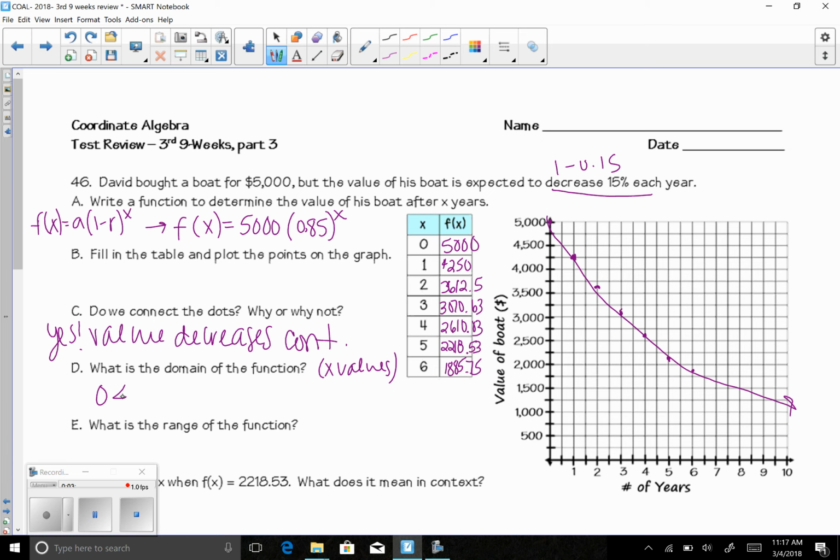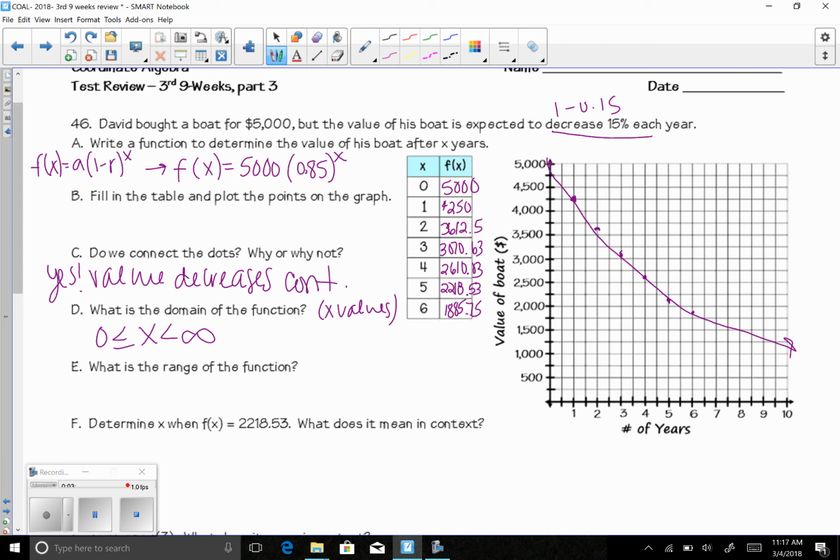So 0 is less than or equal to x, less than infinity, because it's never really going to stop decreasing in value. What is the range? The range is from bottom to top. So we're looking at 0 is less than y, less than or equal to 5,000, because it can't go higher than 5,000 if that's what you started with.